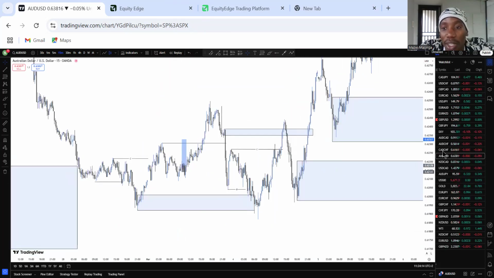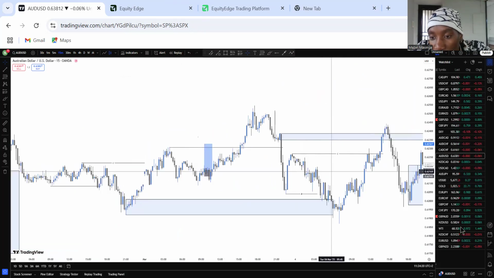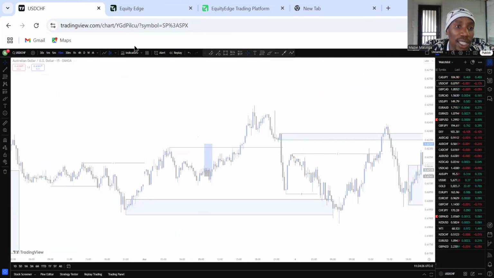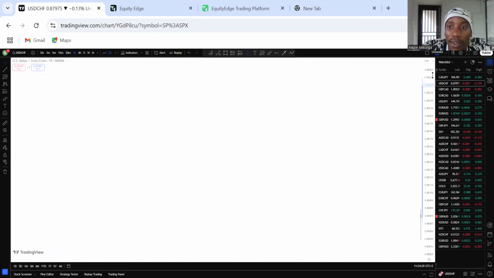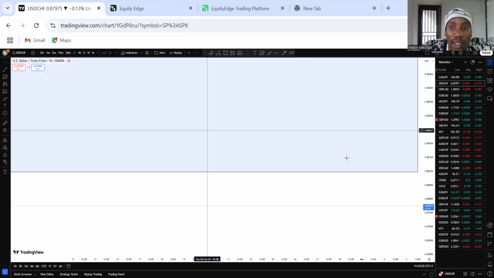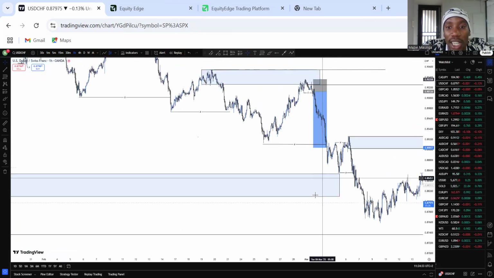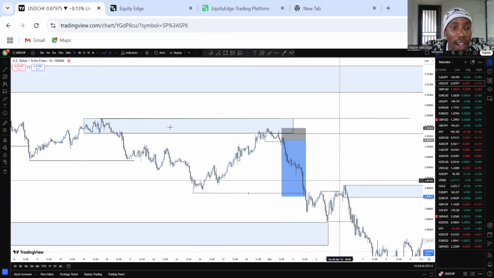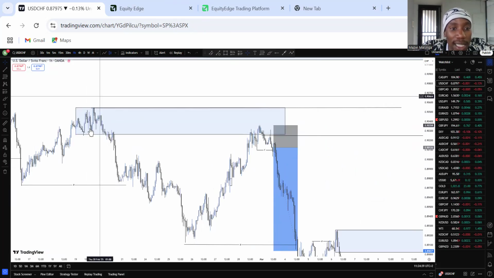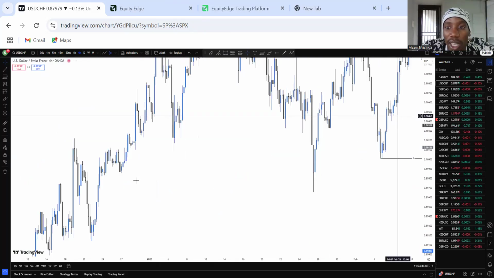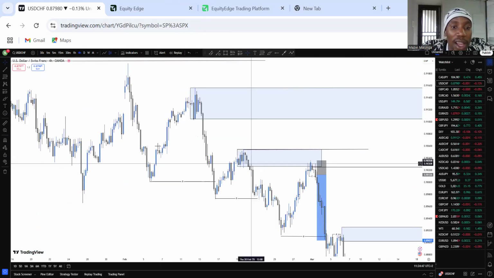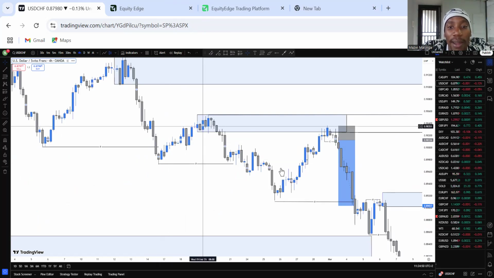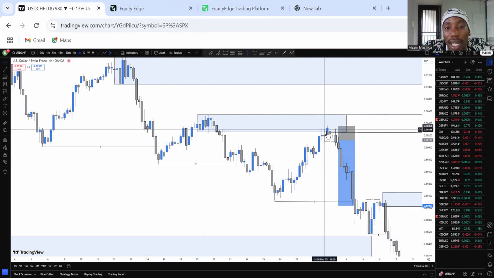So my second trade was on USD CHF, which ended up in a win. Let's go and check USD CHF together. This is my USD CHF. Let's go to 1 hour time frame. This is the trade that I took after the market mitigating this order block or this supply zone, because we had a break of structure, and then the market consolidated, and then it came here.